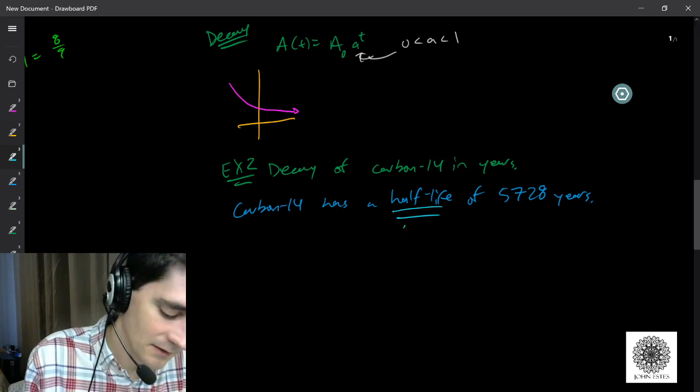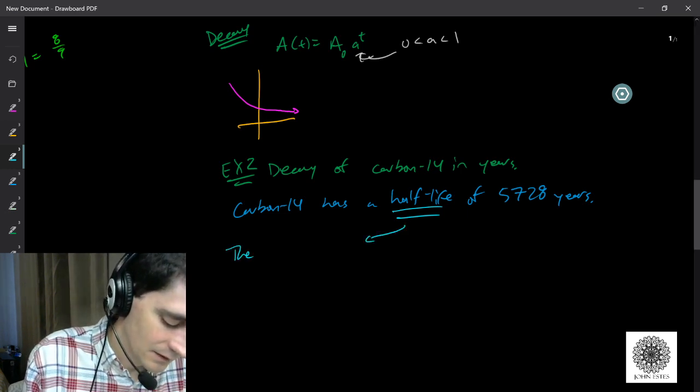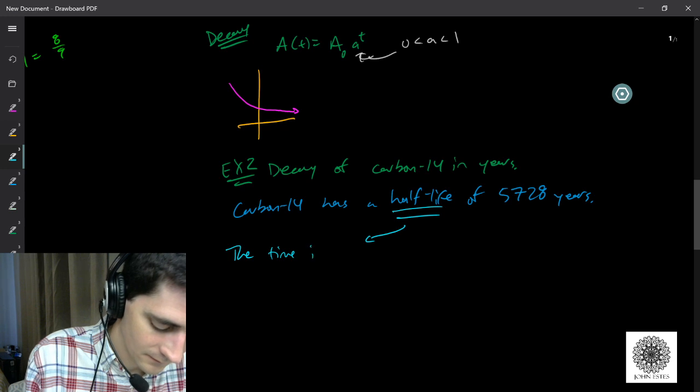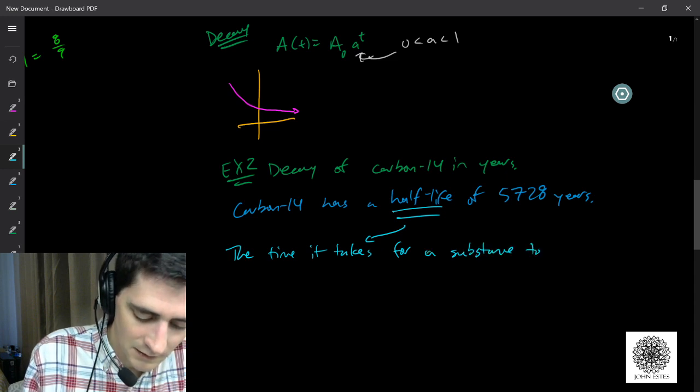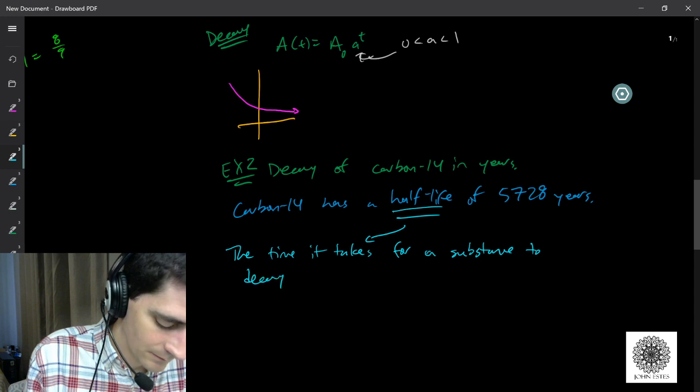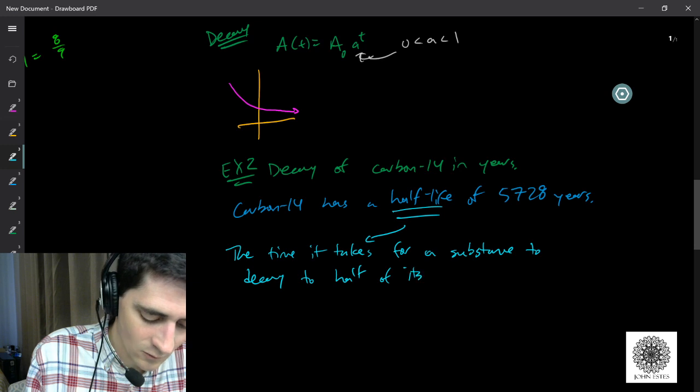Okay, so half-life is the amount of time, let's say the time it takes for a substance to decay to half of its original quantity.